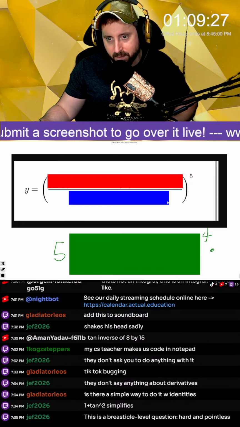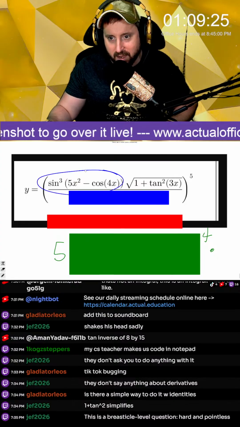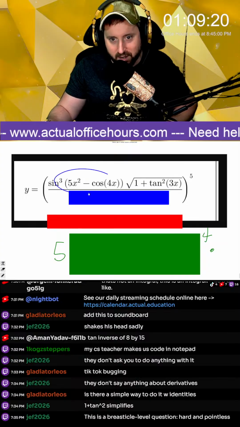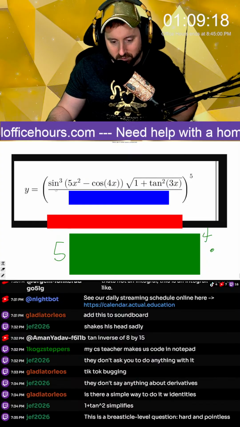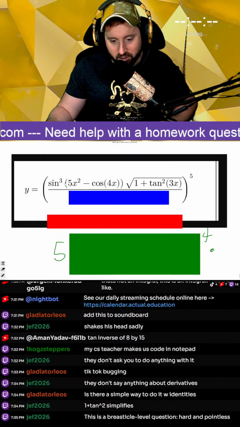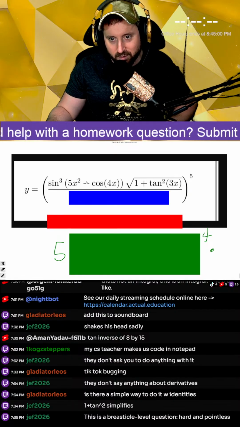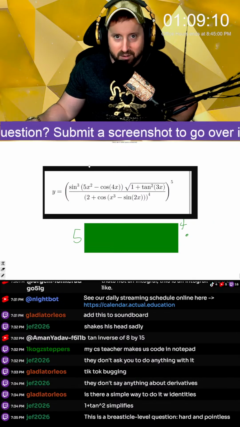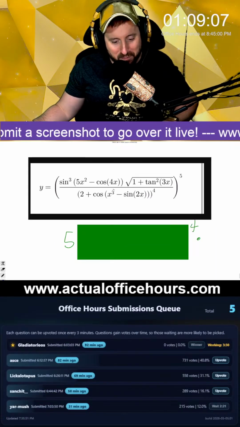It's that over that. And as you do the quotient, it's then a product rule. And then within the product rule, it's a triple chain rule because you have sine cubed. You could just do a triple product rule and suffer a bit less. Yeah, dude, you don't have to simplify anything. This is Bresco levels, hard and pointless.